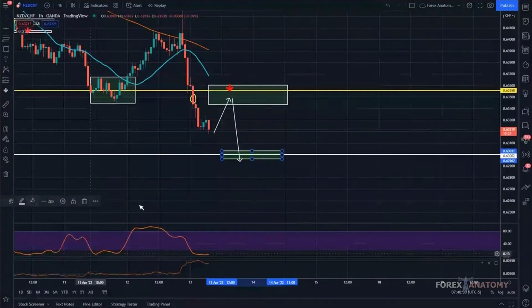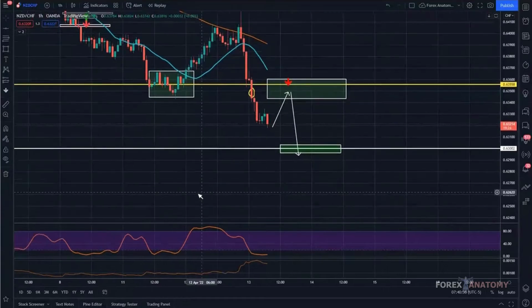Right, that could be a potential target. So yeah, we'll look to sell if we can get a pullback to this zone or to this area. If we don't see it, then we'll just go to the drawing board again and try to do our analysis again to see what is really happening in the market. But what we do know for certain is that there's definitely bearish momentum, and we want to stay on that side of the market.